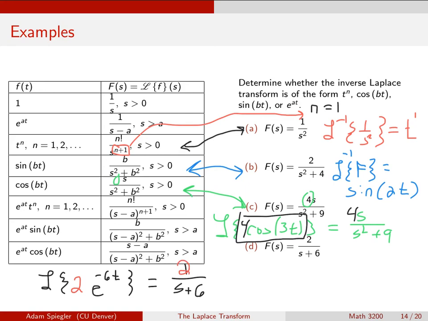And so since applying the Laplace transform to 2 times e to the minus 6t gives me 2 over s plus 6, the inverse Laplace transform of this function is 2 times e to the minus 6t.